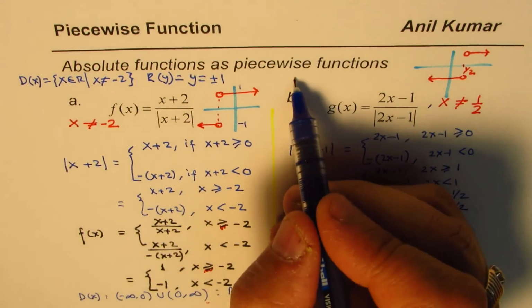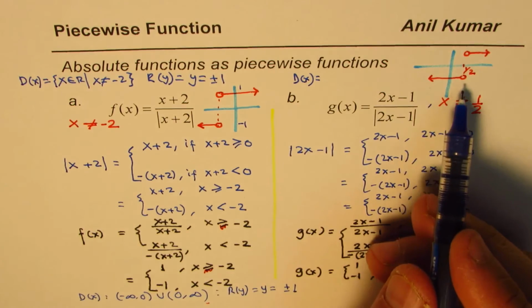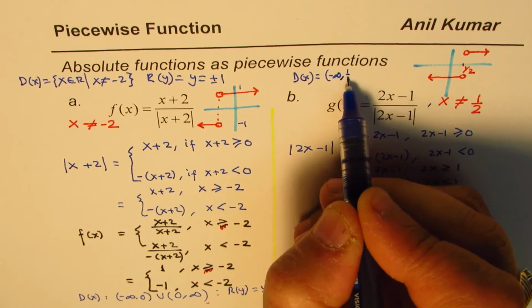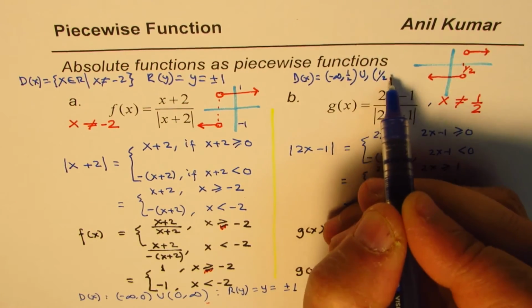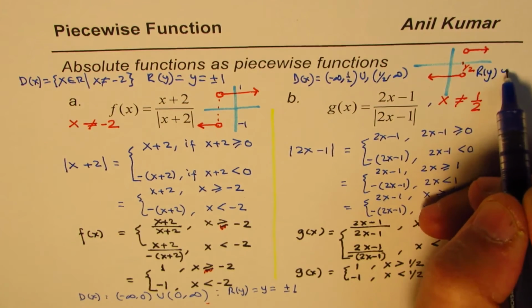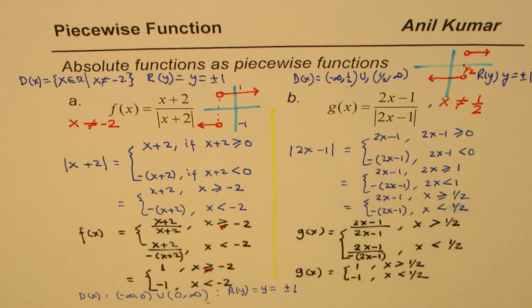Similarly here we can write the domain, let me use a different notation for domain this time, as minus infinity to half, union half to infinity. And as far as the range is concerned, let me write here y equals plus minus 1. So for such functions, the range, you will notice, is plus minus 1.